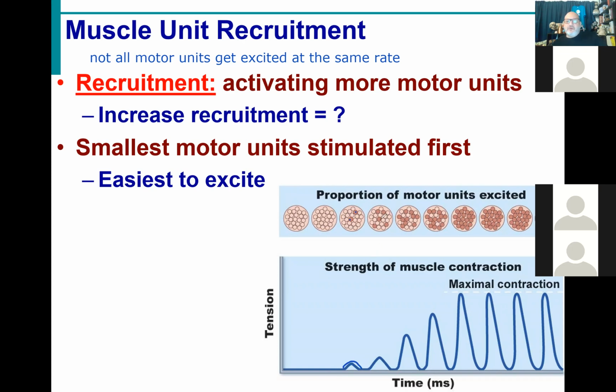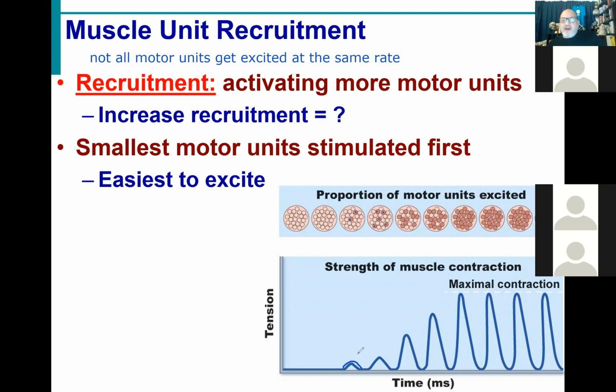Now, if this 2-cell motor unit isn't enough to be able to lift that bag, then I can add a second motor unit to it, the next smallest, which happens to be this one that has 3 muscle cells in it.